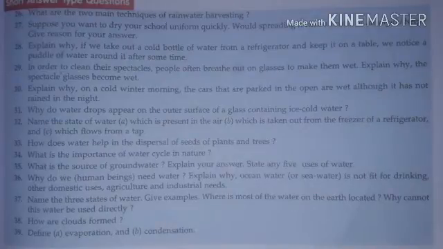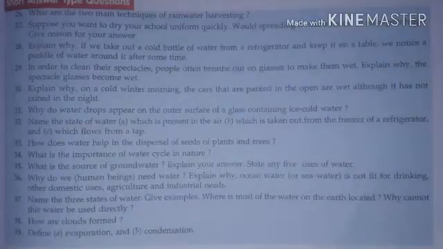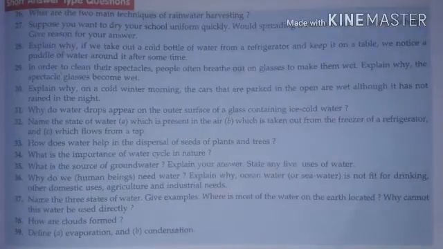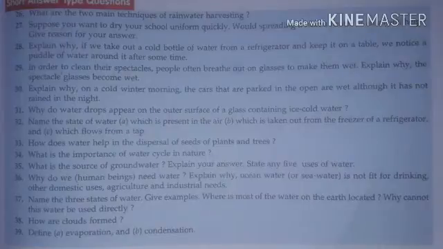Next question. Explain why, if we take a cold bottle of water out of the refrigerator and keep it on a table, we notice a puddle of water around it after some time. So here what happens?